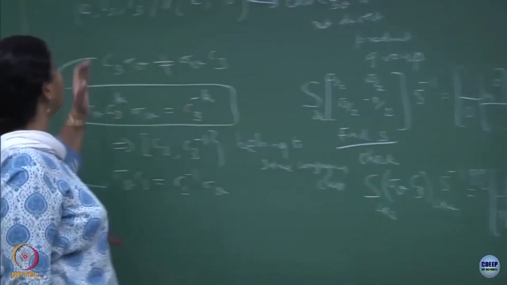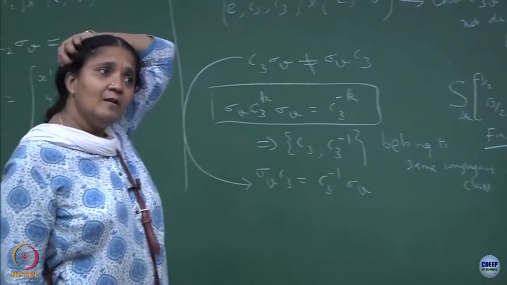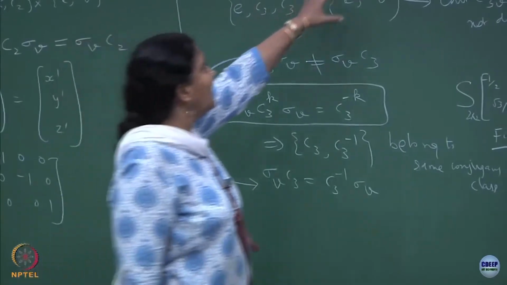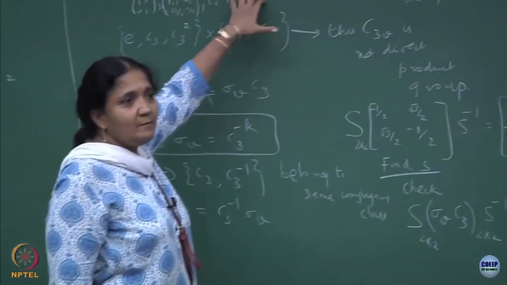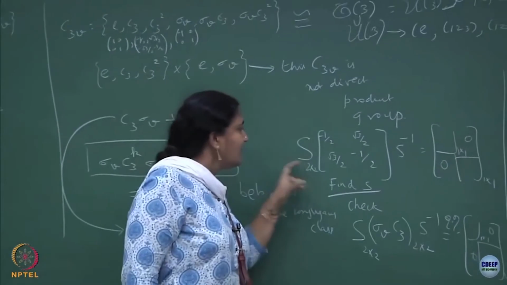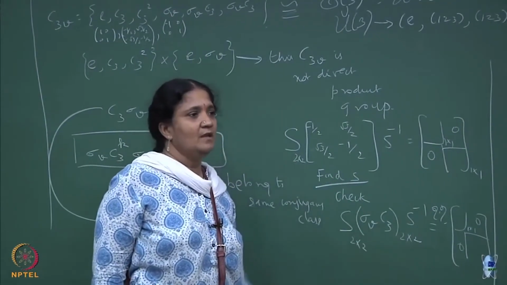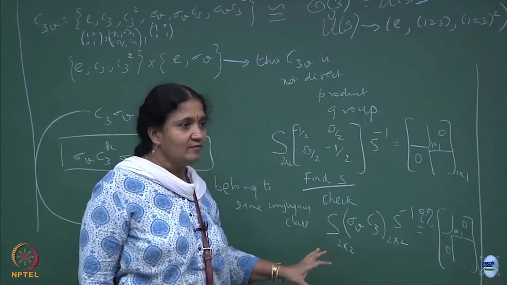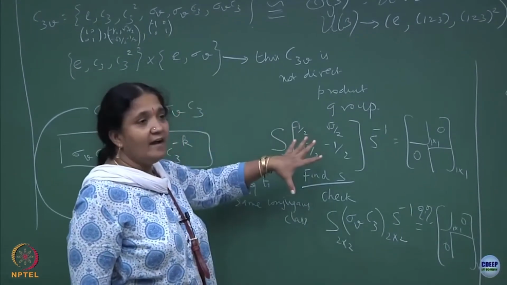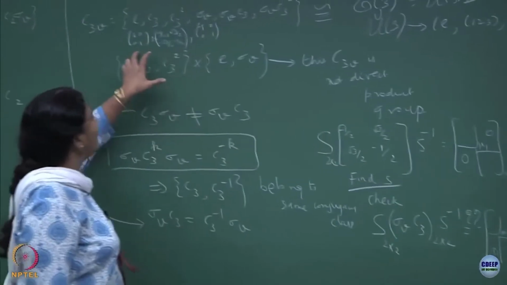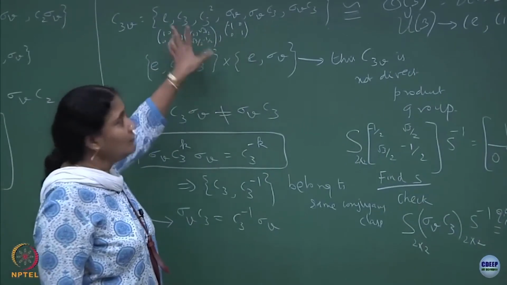The other two elements are trivial, identity and the other one, but for the non-trivial elements which involve off diagonal elements, is this same S which you are going to find going to diagonalize it? If you can find that out, then you can say that the two dimensional representation, suppose you find an S, so let me write it.